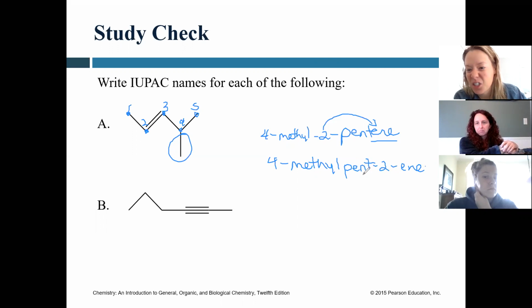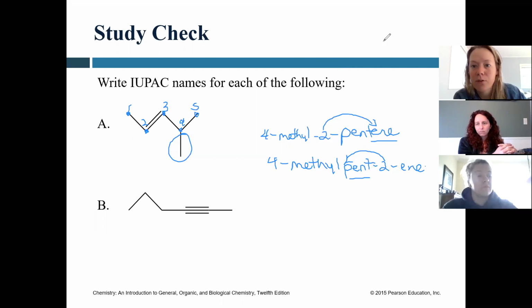Okay, so sometimes they stick the 2 in there. I'm not gonna do it that way, but you may see that online or somewhere. And if you see that, just know that this 2 is supposed to be the 2 in the front. It's saying, hey, it's 5 and there's a double bond at the 2. So just be aware that that could happen.